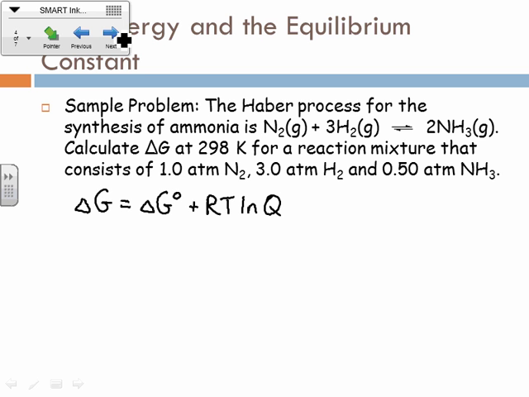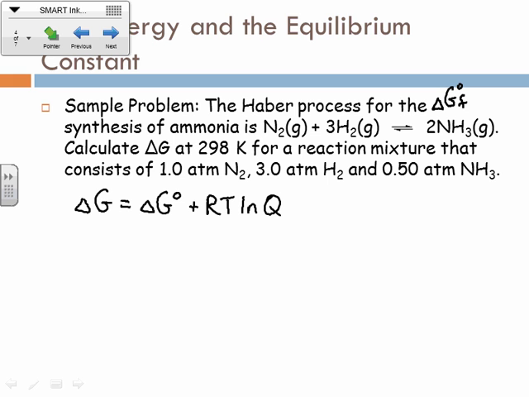First thing we're going to have to do is figure out what the delta G0 is for this reaction. Okay, so the way that we would have to do that, is it delta G0 formation?